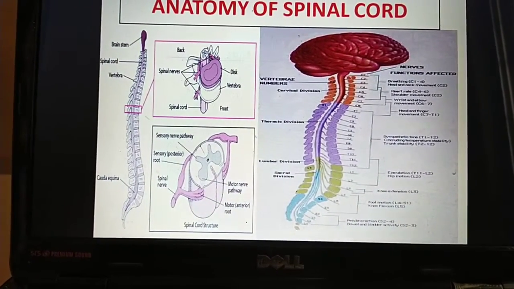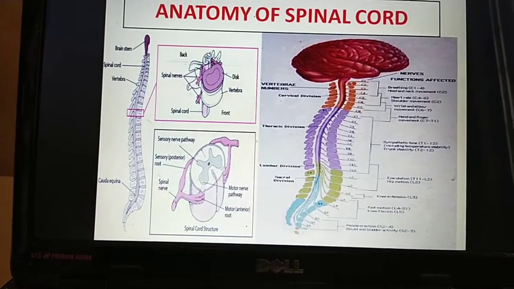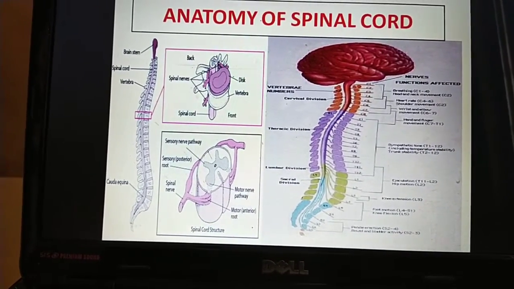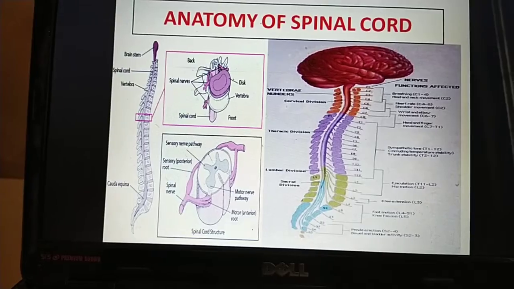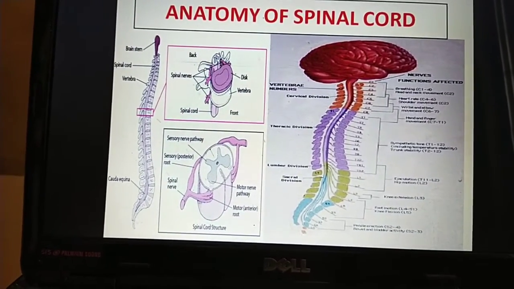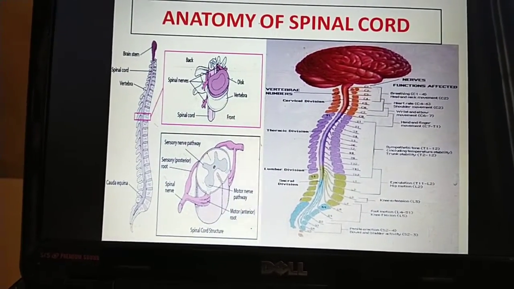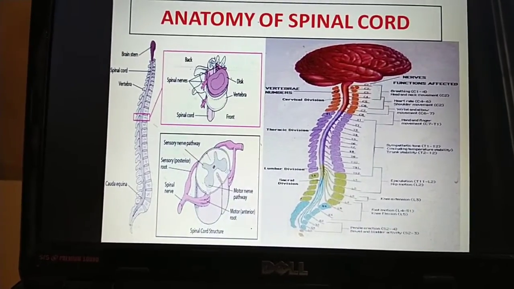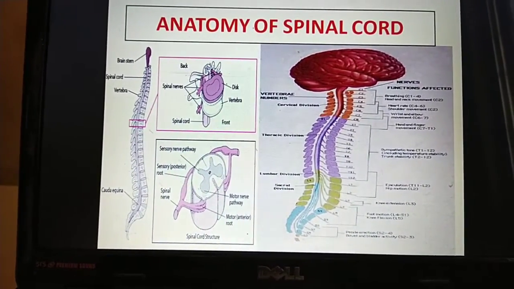Spinal cord is a long, thin, tubular structure made up of nervous tissue, which extends from the medulla oblongata in the brainstem. Brainstem is mainly made by the midbrain, pons, and medulla oblongata.